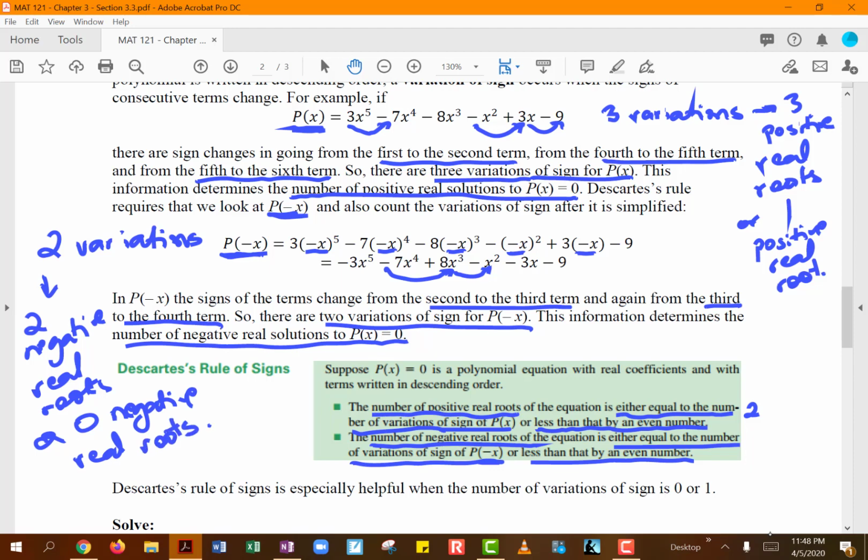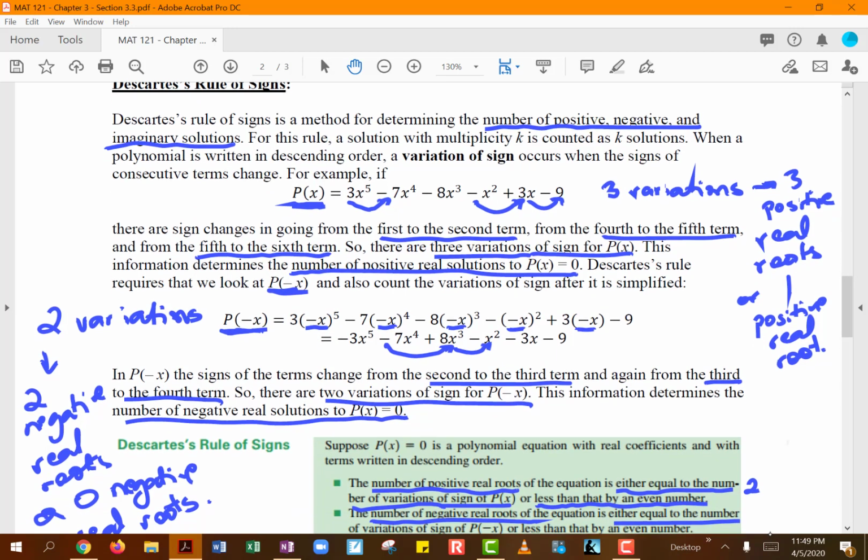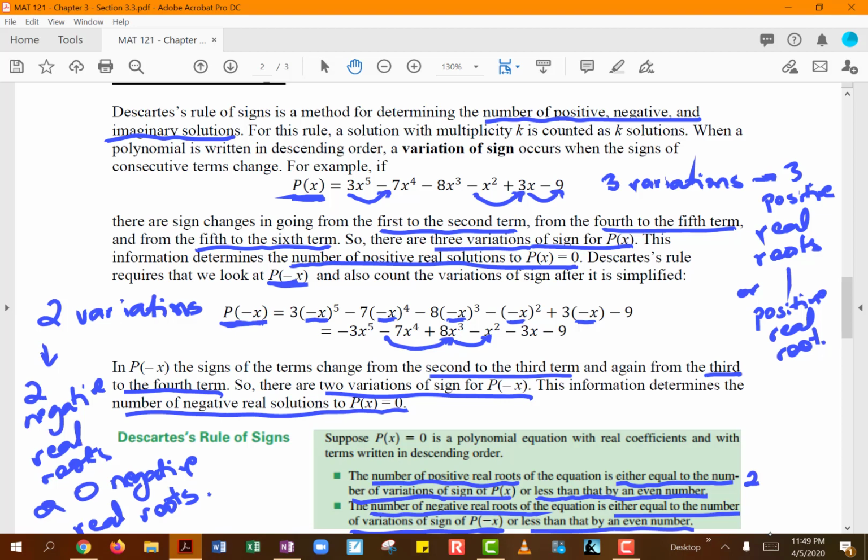The thing you have to think about here is that this is a 5th degree polynomial. If this is a 5th degree polynomial, it should have a total of 5 roots. Out of those 5 roots, if 3 of them are positive, that means I can have 3 positive real roots, and let's say it has 2 variations for the negative, which means it can have 2 negative real roots. 3 plus 2 adds up to 5, which is the degree of our polynomial.